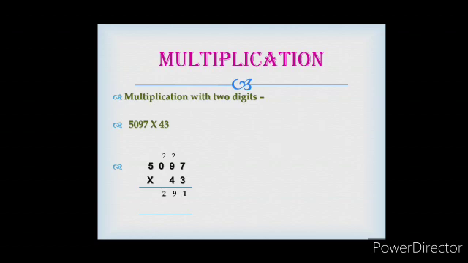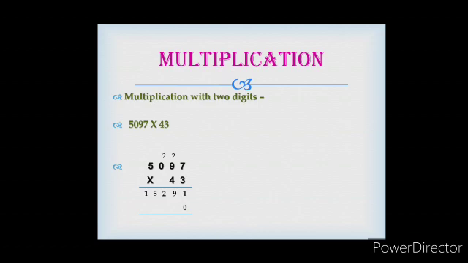3 into 5, 15. Here, since we don't have any carryover, we will directly write 5 threes are 15. Now it is the turn of 4 and we will be multiplying in the same manner. 4 sevens are 28, but before writing that you have to put a 0 here. Why? Because we have completed with one number.